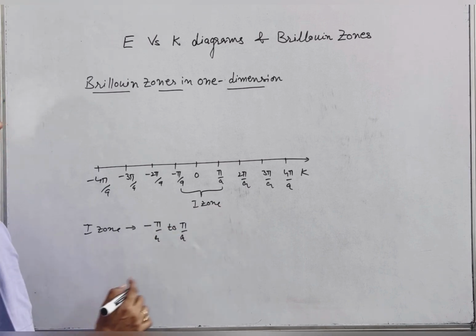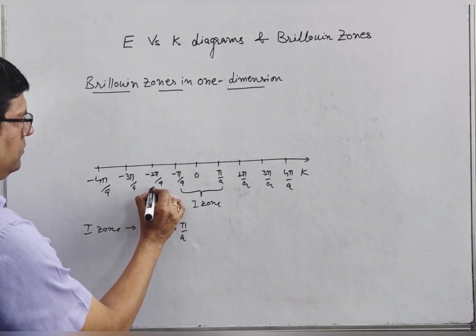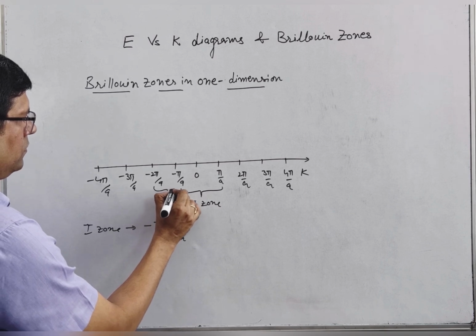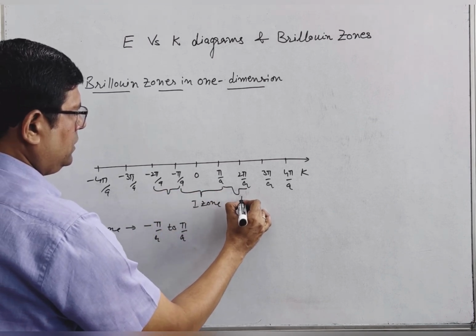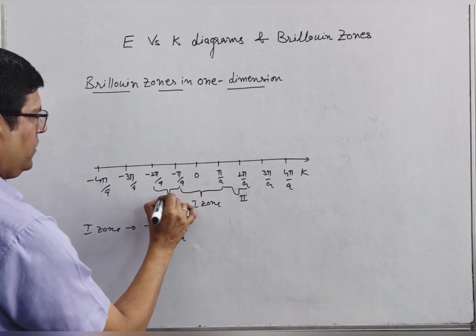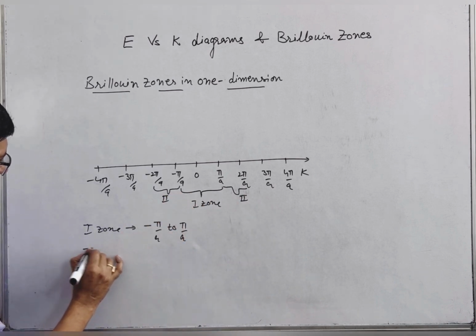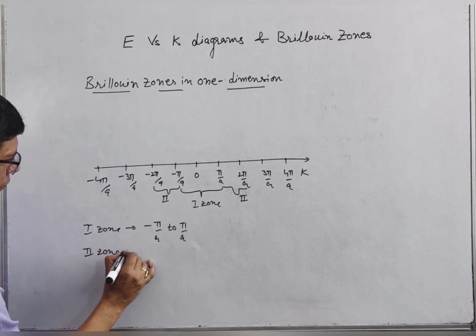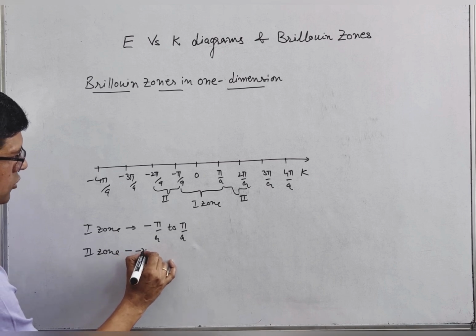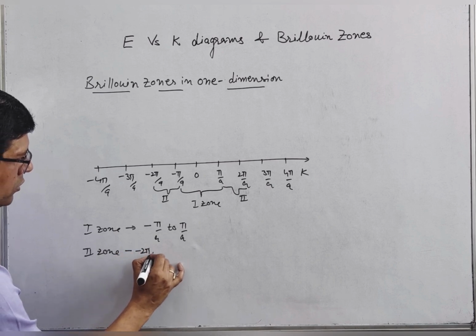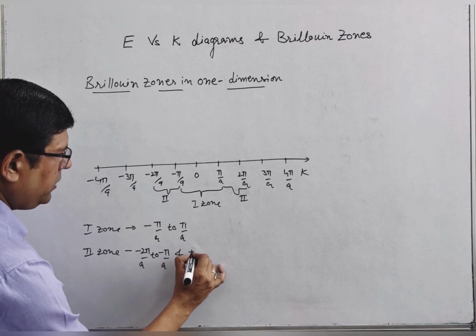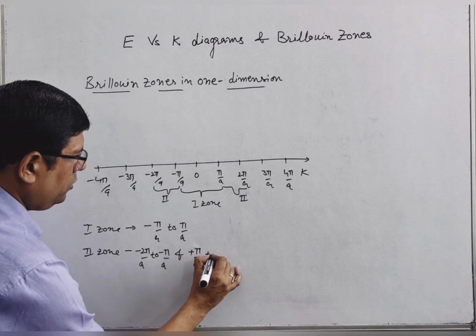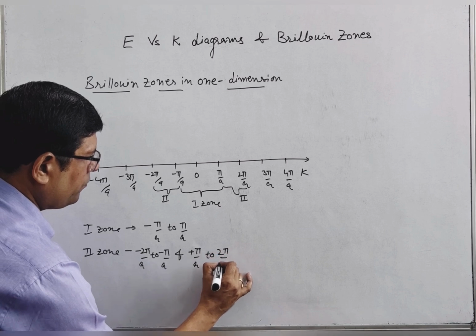And the second zone lies between minus 2 pi by a to minus pi by a and plus pi by a to 2 pi by a.